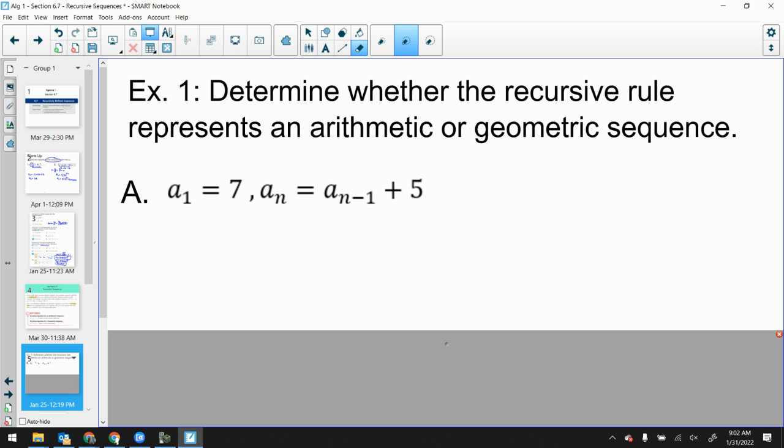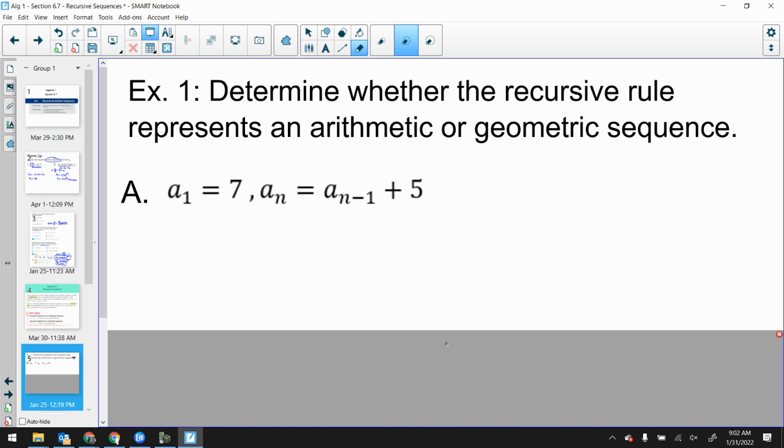What is the formula telling you to do to each term? Look at the formula on the right side. It's telling you, whatever term you need, take the one right before it and add 5.